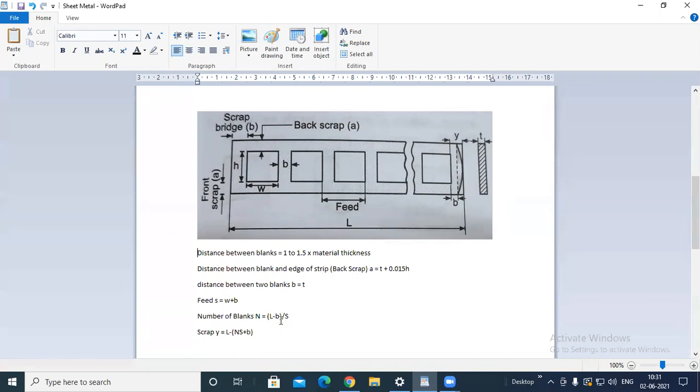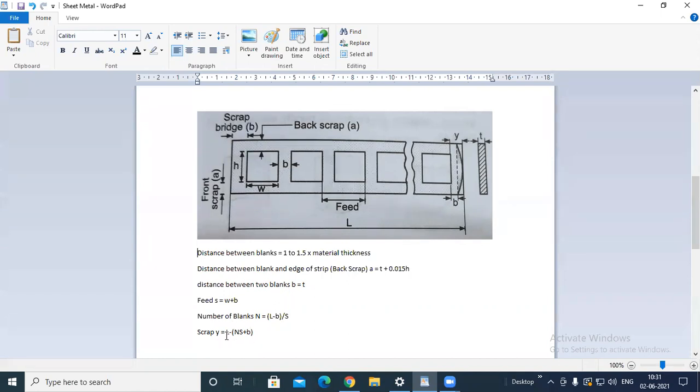Okay, so by using this formula we can calculate the number of blanks which can be produced on a single sheet. And next, scrap. That means by using this formula you can calculate how much scrap is remaining.